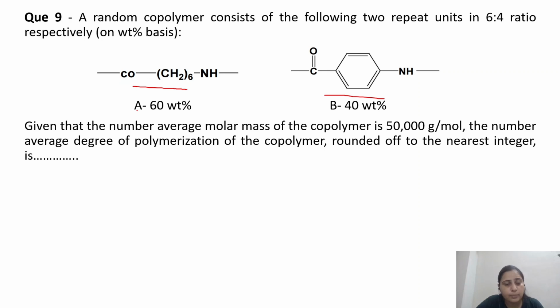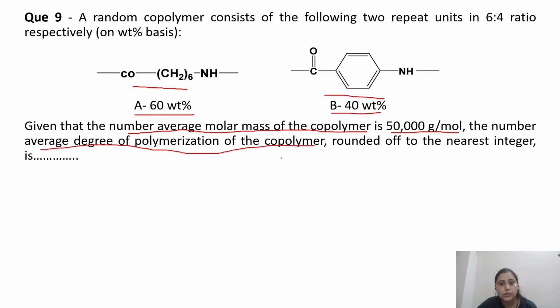The first monomeric unit A consists of 60% weight of the total polymer, while monomeric unit B consists of around 40 weight% of the total polymer. Then it is given that the number average molar mass of the copolymer is 50,000 gram per mole, and the number average degree of polymerization of the copolymer we need to calculate.